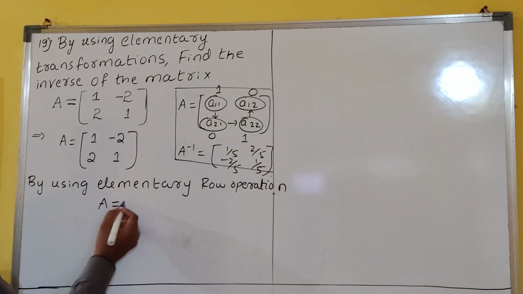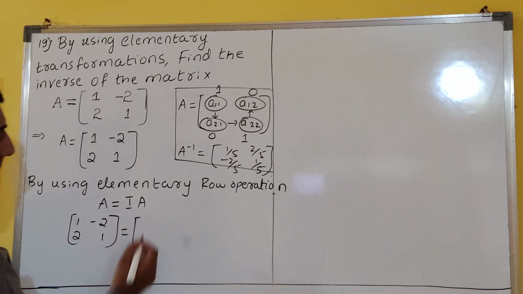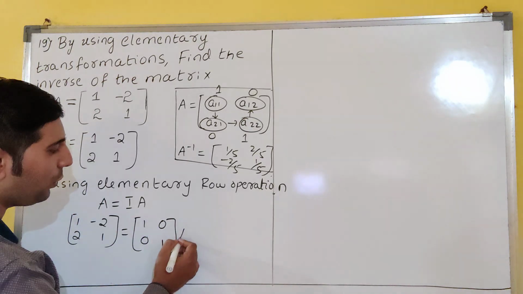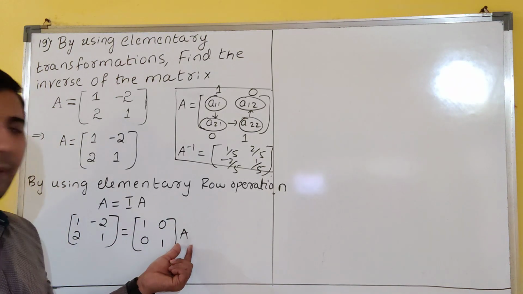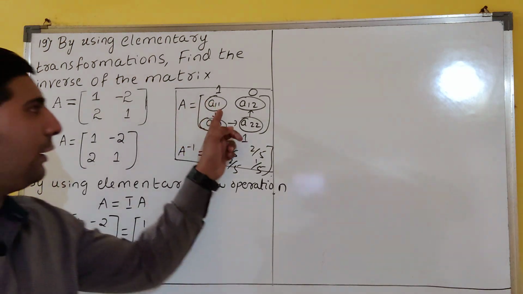Elementary row operation can be written as A is equal to I into A. A is 1 minus 2 to 1. I is the identity matrix, 1 0 0 1, into A. Don't substitute the value of A here, just write A.